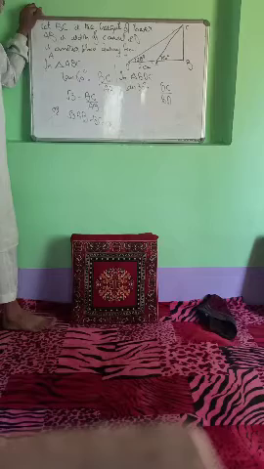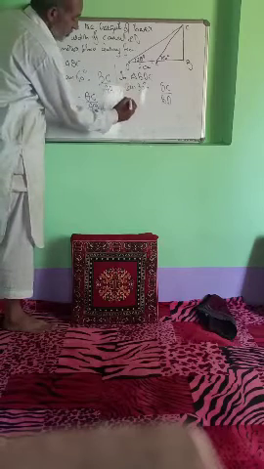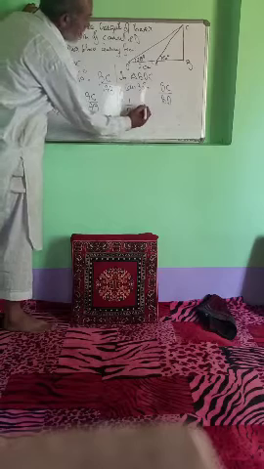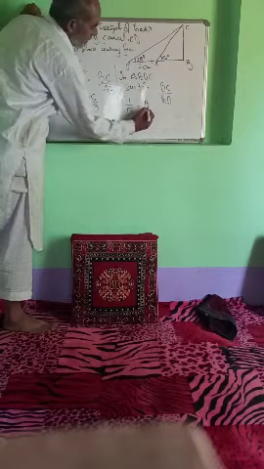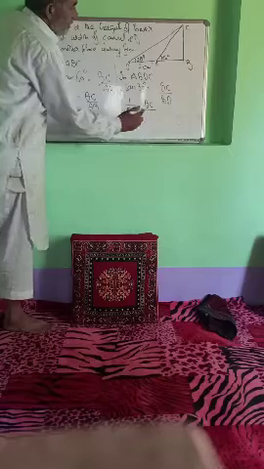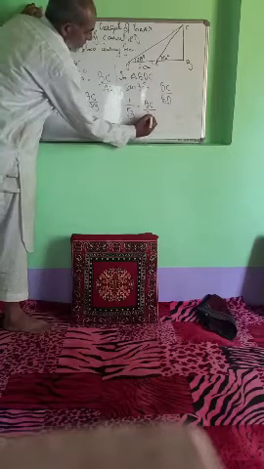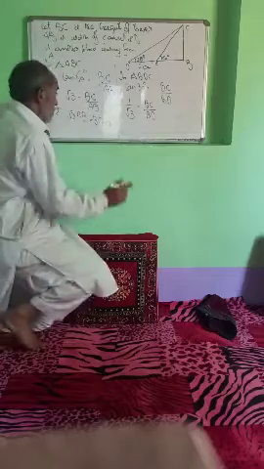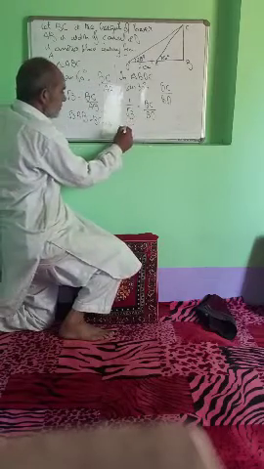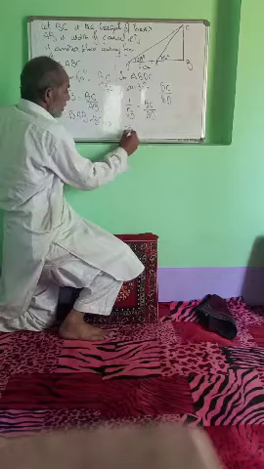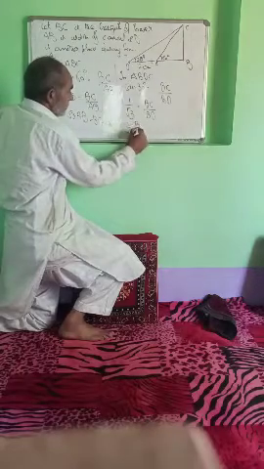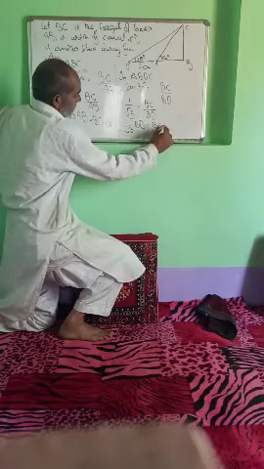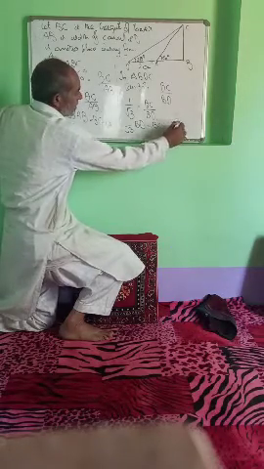Tan of 30 is 1 by root 3, so 1 by root 3 is equal to BC, whose numerical value we don't know, divided by BD. A little bit of transposition, and we will get 1 by root 3 into BD is equal to BC. We will mark this as the second equation.